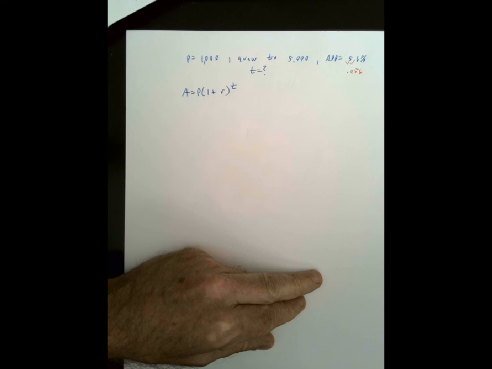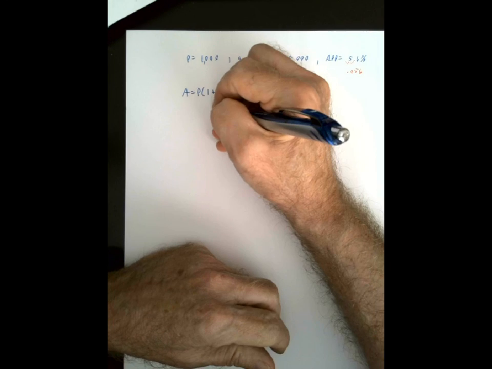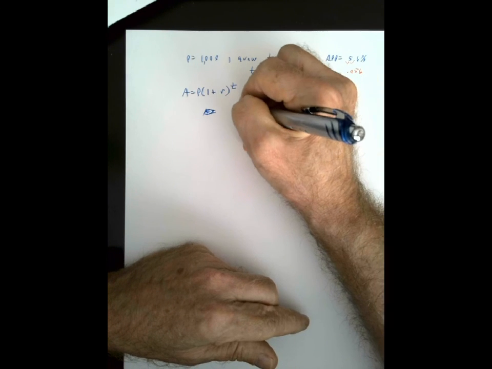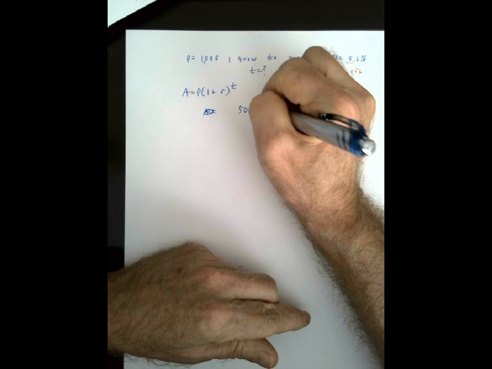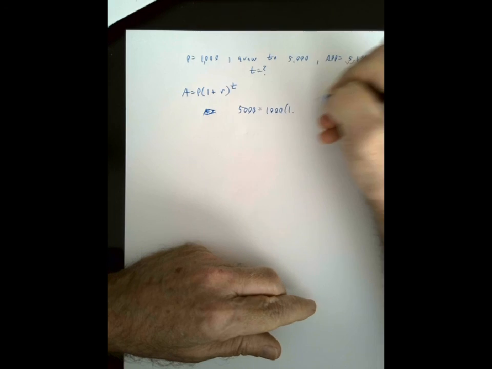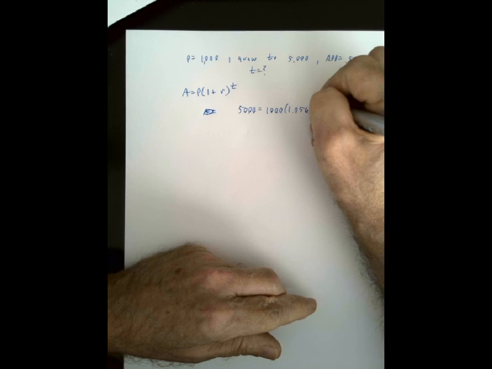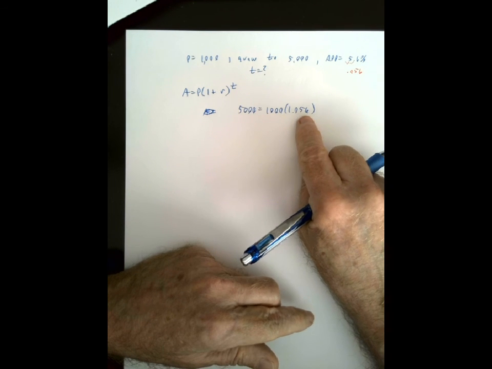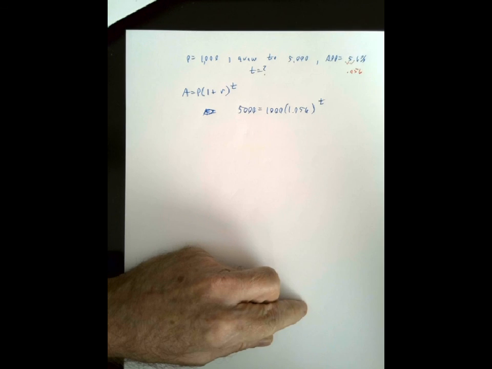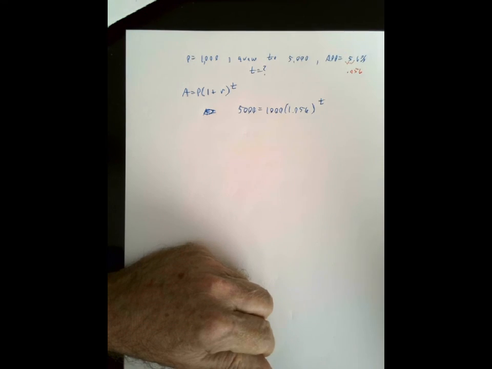And so that gives us A is equal to 5,000 is equal to the 1,000 times 1.056, that's 1 plus 0.056, to the t. Now we're going to solve this.